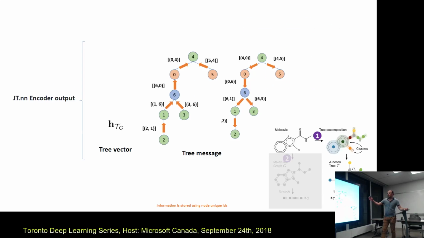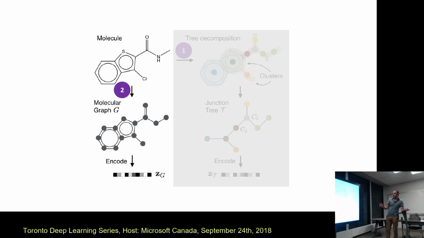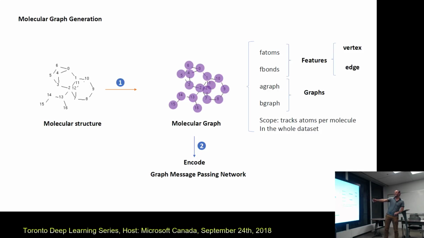All right, so we're basically done with the junction tree encoder, and we're going to move on to the molecular graph encoder. If you thought the previous process was complicated, wait for this one. This process has two steps.